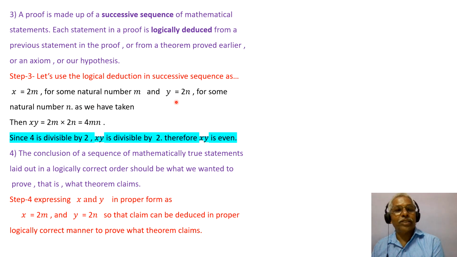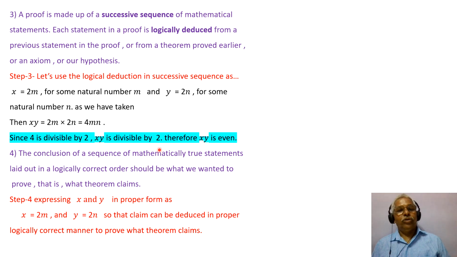Then xy, x into y, equals 2m into 2n, that is equal to 4mn. Now see the argument here. Since 4 is divisible by 2, xy is divisible by 2. Therefore, xy is even.